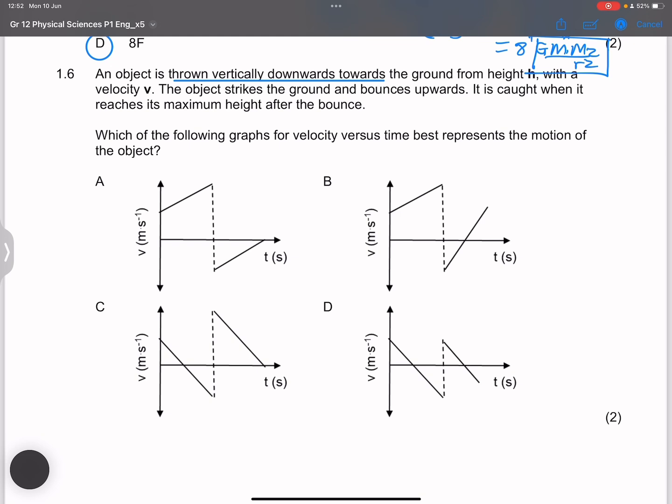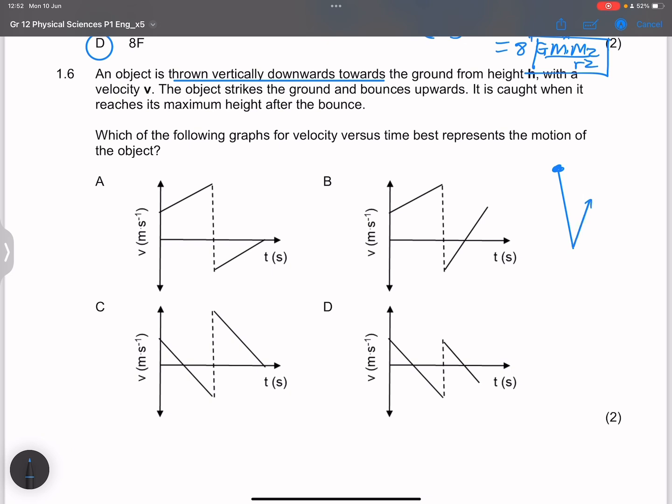In this case, they ask which one of the following graphs of velocity versus time best represents the motion of the object. First of all, ladies and gents, we know that our initial velocity cannot be 0. Our velocity starts from a certain height, and of course it's going to increase as we go down. And of course it changes direction when it gets to the ground and bounces upwards.